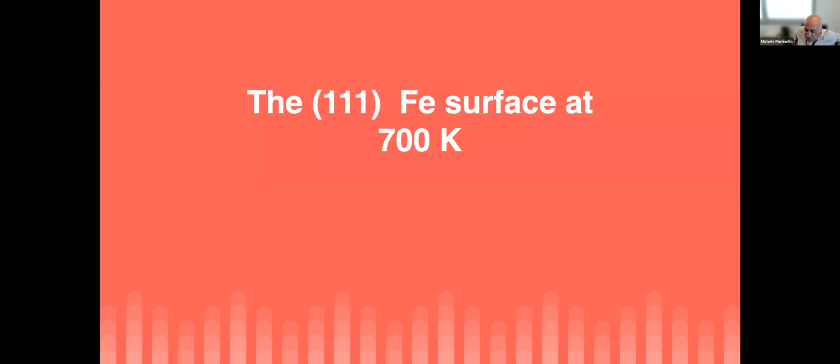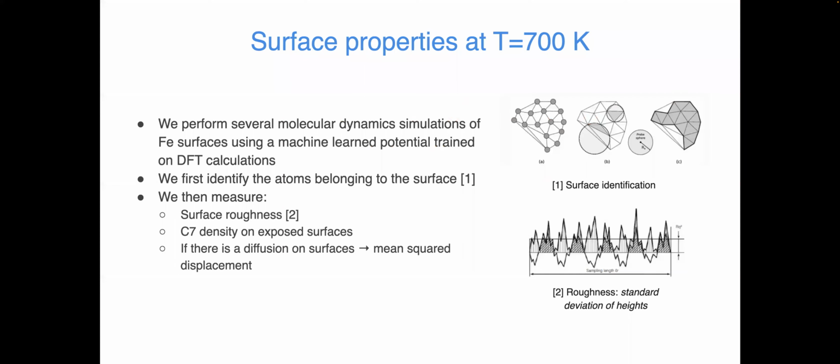Okay, so the first bit: we do all this hocus pocus, so we get the potential, and I have to look at the time. I look at what happens first to the iron surface.